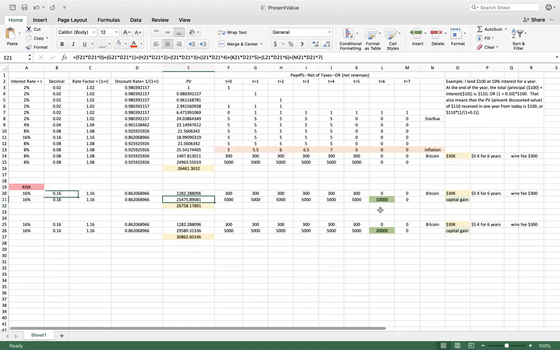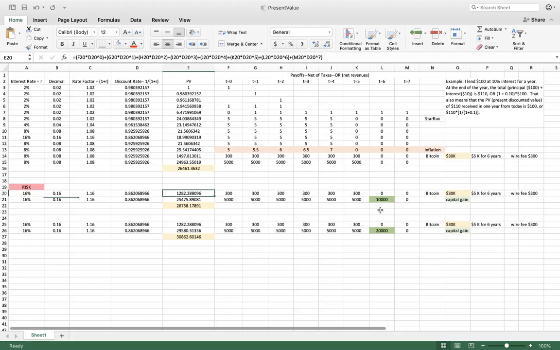Now, let me make sure this is all calculating properly. Okay, so there was a trade-off here, as you can see. The value of that $300 avoided wire transfer fee is worth less now because I have a higher interest rate.